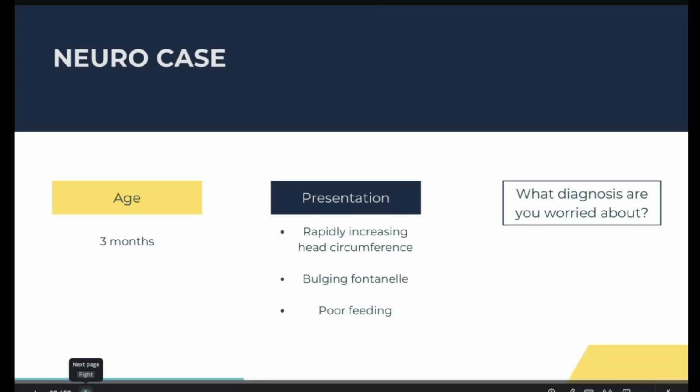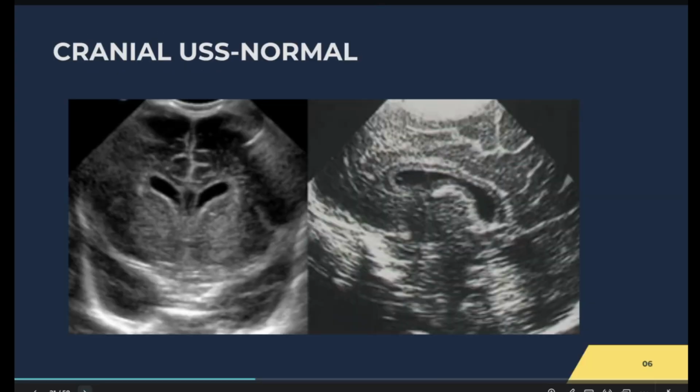Yeah, it's a good differential, yes. Okay, thank you. So this is a cranial ultrasound scan, and this is normal. Can anyone tell me what we can see here, like in the middle?